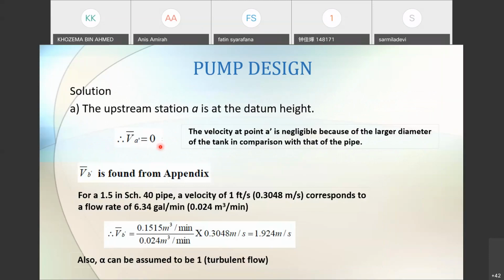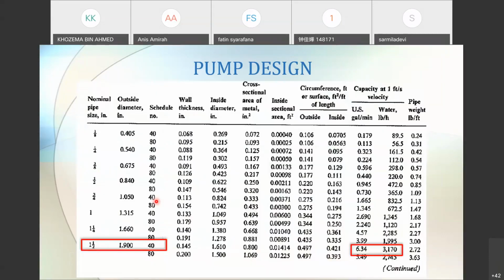So that is the first part of the question. The second part is we want to find VB. The only information we have for VB is that the pipe used is 1.5 inch schedule 40 pipe. I have shown you the appendix for a pipe schedule, so we know the pipe used is 1.5 inch and the schedule is 40.